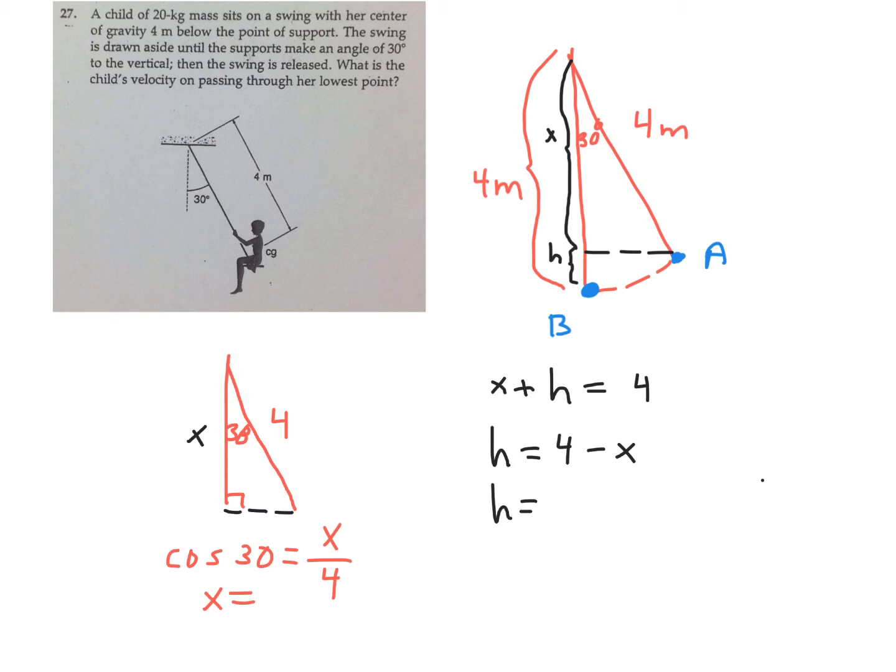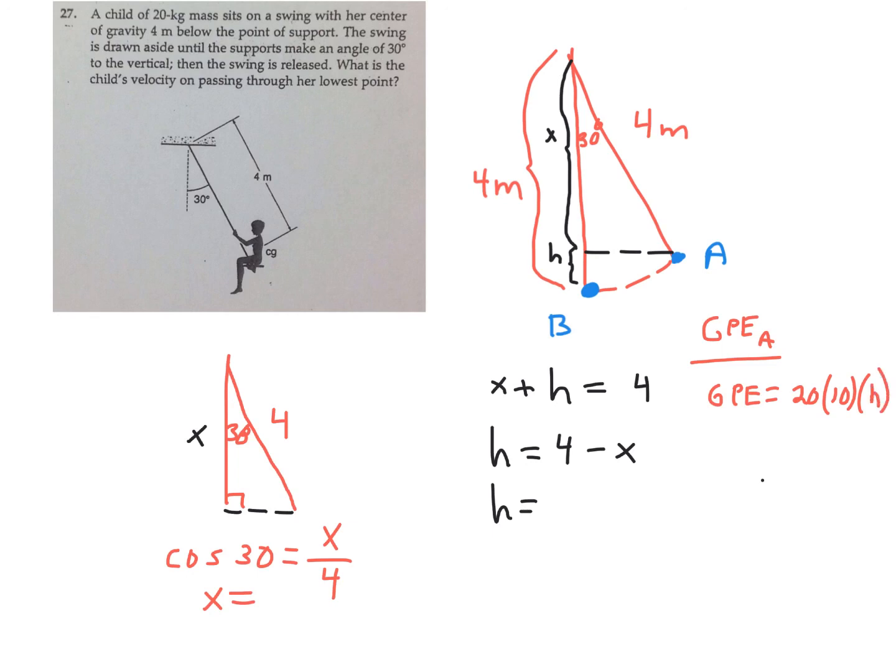Well, that's basically what you're going to use to figure out your GPE at point A relative to point B. In other words, what you'll do now is calculate GPE at point A relative to point B, and that's just going to be GPE equals m, I think they give you the m is 20, times 10, times that H you just found over there that I used black marker for.